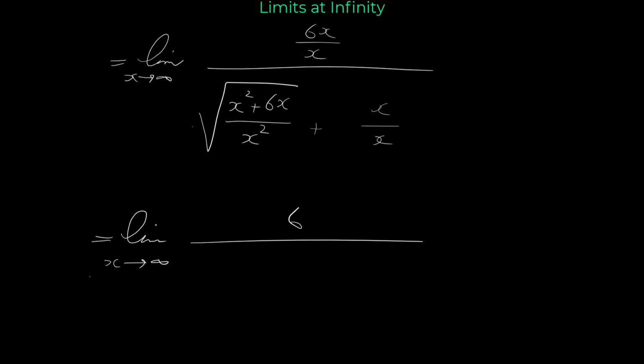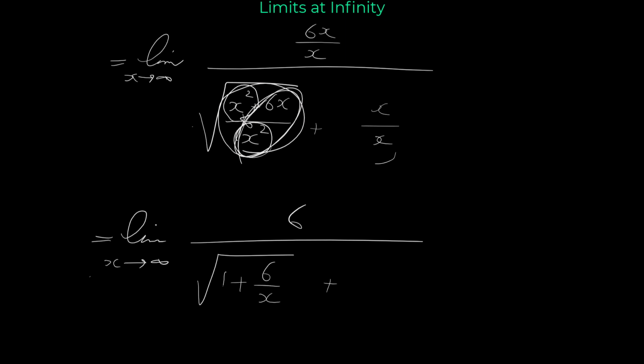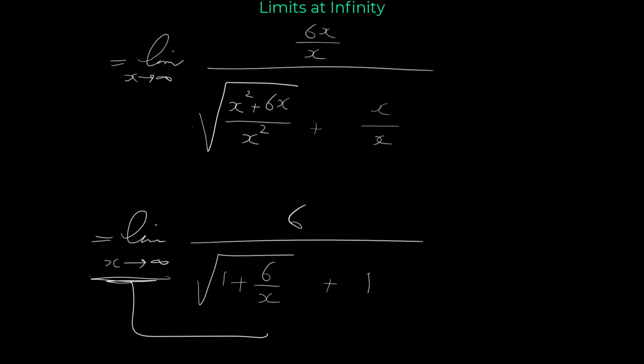In the numerator we have 6. Look at here. x to the 2 over x to the 2 is 1. So 1 plus 6x over x to the 2. 6x over x to the 2 can be written as 6 over x. And x over x here is 1. Now, because x approaches infinity, the limit of 6 over x when x approaches infinity is 0.